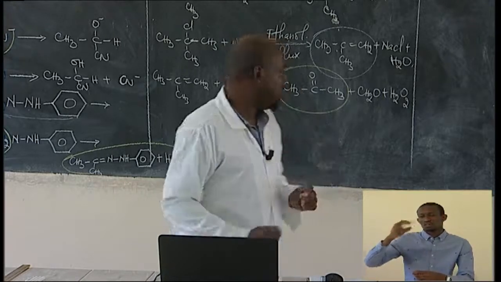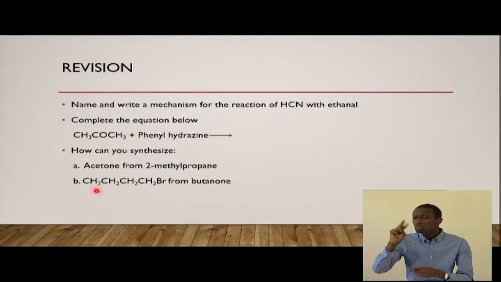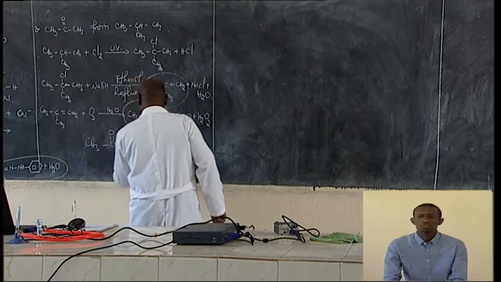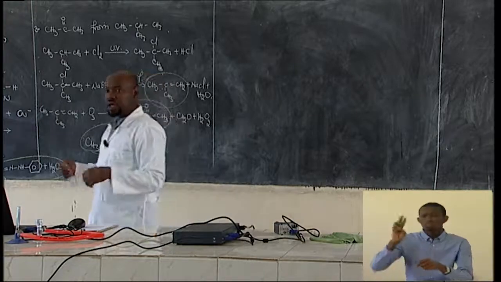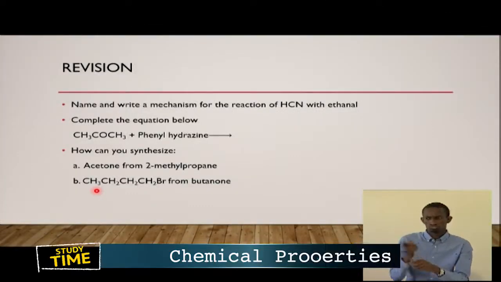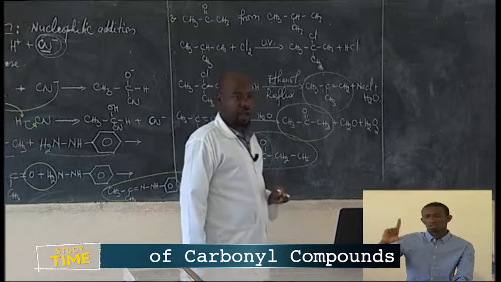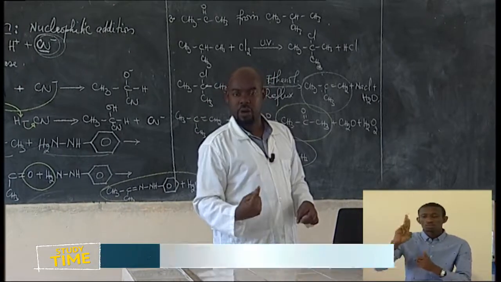Let me write it down, because it is always good to start with the molecule you are transforming. So if we reduce this one, we will get the alcohol, but the OH group will be on the second carbon. And we want the bromine atom on the first carbon.